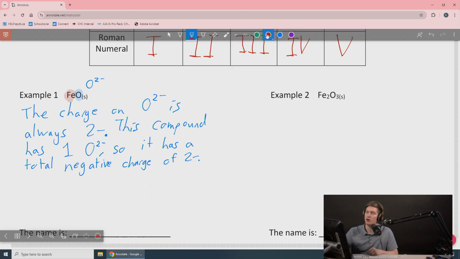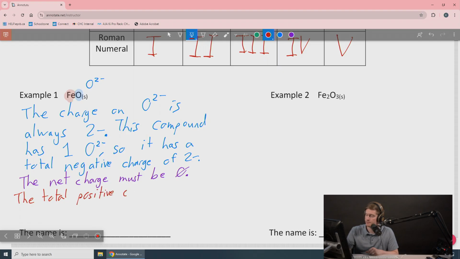Because the ionic compound is neutral, the net charge must be 0. The net charge must be 0, which means the total positive charge must be 2 positive.